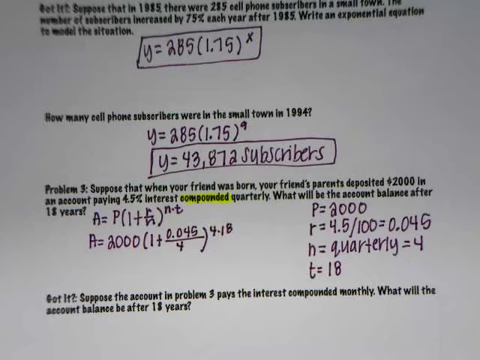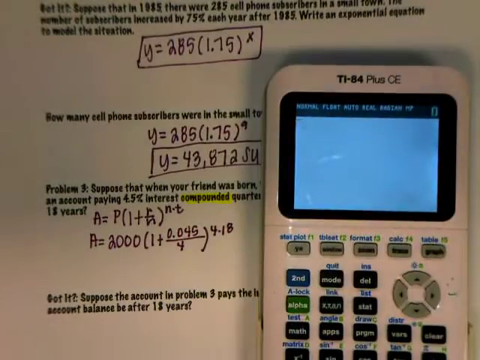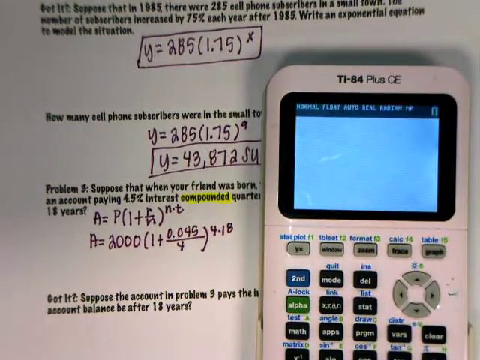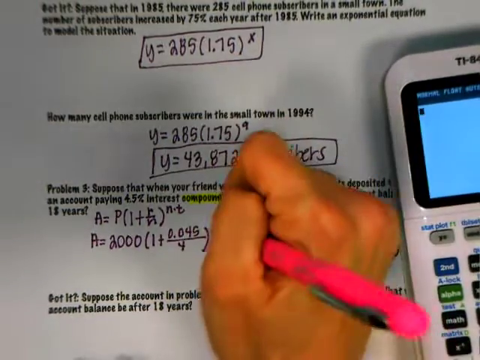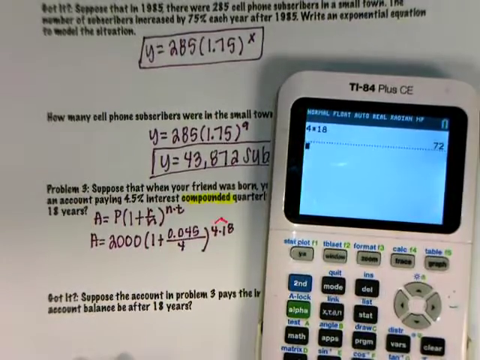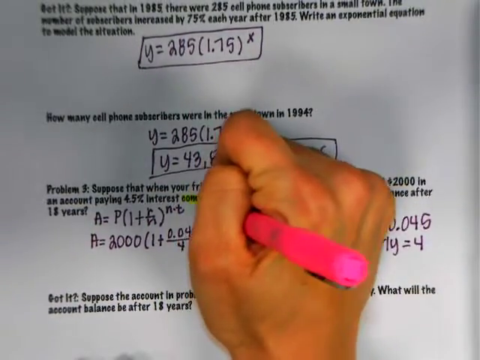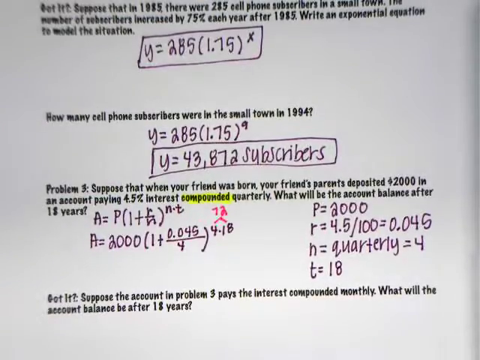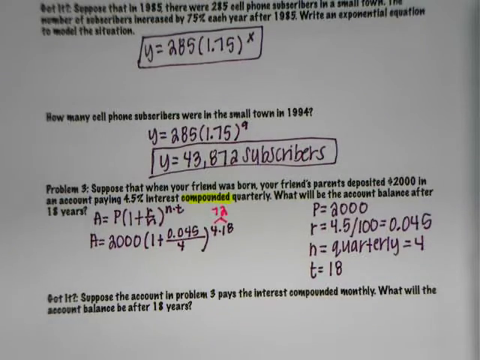Because of that exponent, if you don't have a calculator that raises to the exponent, then it's probably going to be wrong. So if you're going to do it in pieces, first figure out the exponent: 4 times 18, so you get 72. Or just do that right away when you set up the problem.